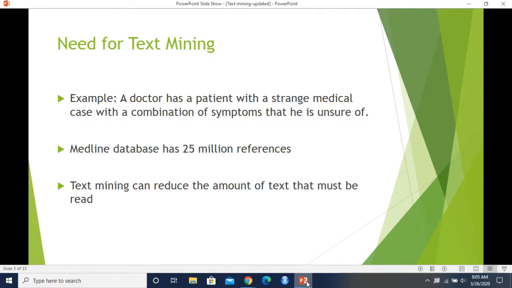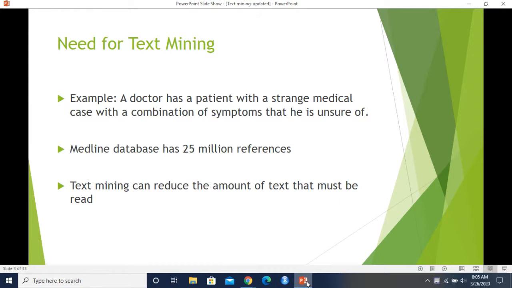To look more into this problem, the doctor has to refer to the Medline database. This database contains 25 million papers that he or she would have to read in order to help determine what disease this patient has.